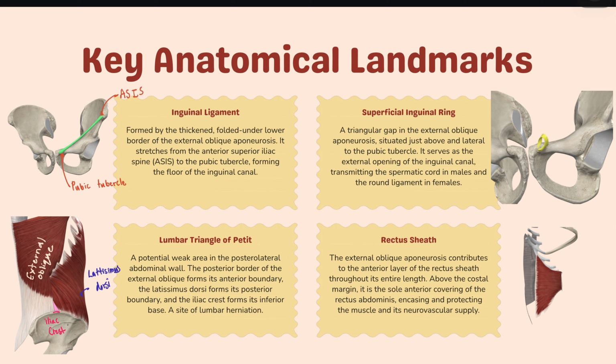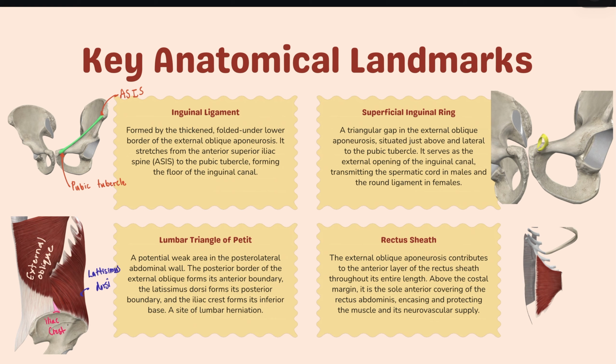Lumbar triangle of Petit, a potential weak area in the posterolateral abdominal wall. The posterior border of the external oblique forms its anterior boundary, while latissimus dorsi forms the posterior boundary, and the iliac crest forms the inferior base. This is a site for lumbar hernias.